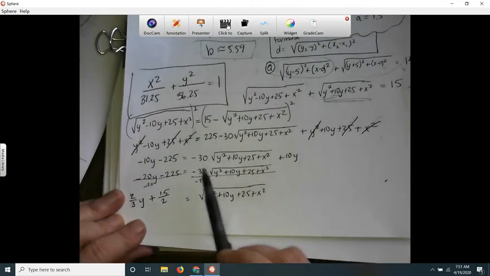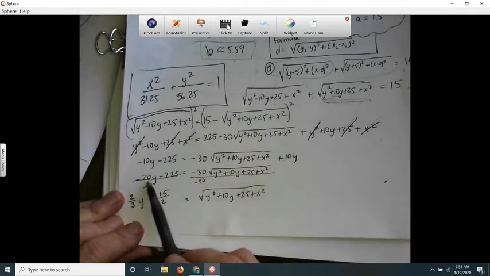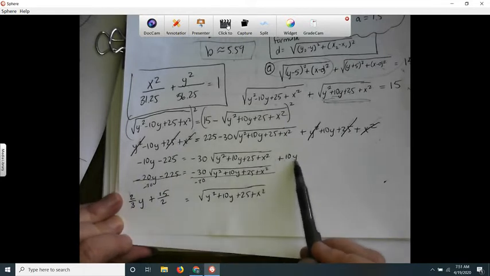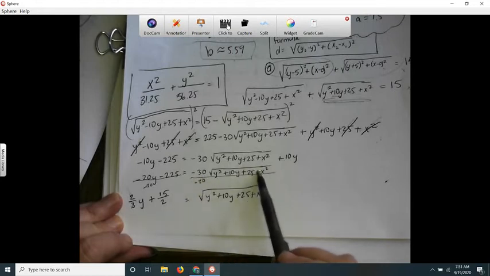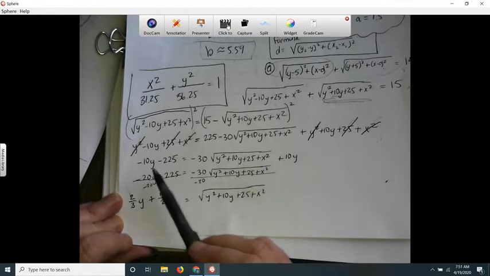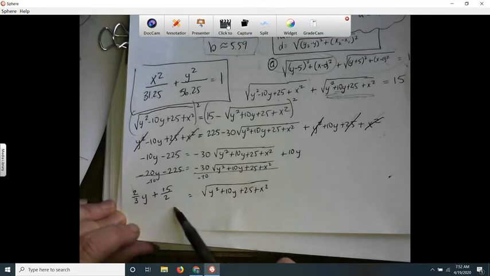And then I subtracted the 10y. See how that became a negative 20? Because I subtracted 10y on both sides. And then I saw that I had a 30 here. I want this by itself because I'm going to square again. So I divided both sides by negative 30. That just turned into 2/3 because, well, that's what that fraction is. And then 225 divided by 30 is this number.